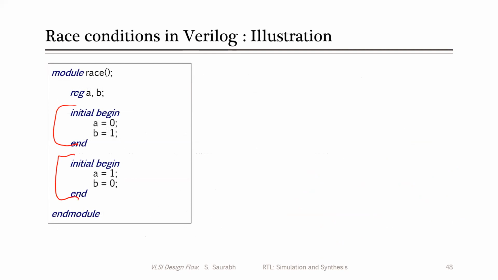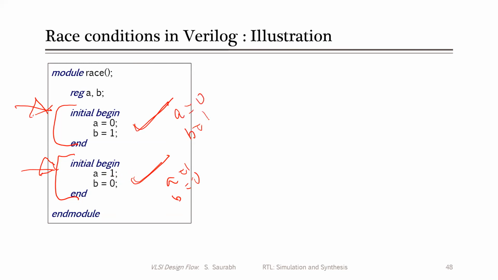Now in this code, if the first block is executed and then the second block, then the final result will be A is equal to 1 and B is equal to 0. But if the second block is executed first, and then the first block, the final result will be A is equal to 0, B is equal to 1.